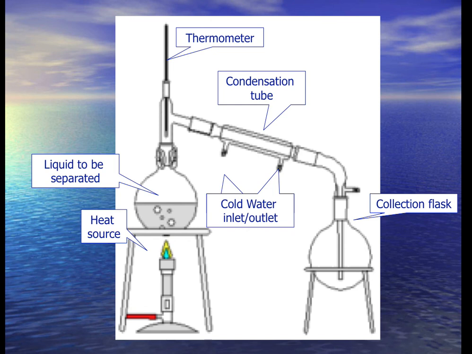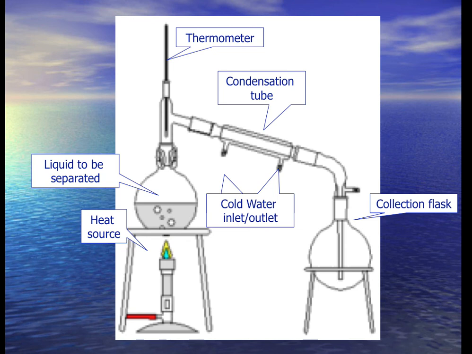So what happens is your liquid gets boiled. You have a certain temperature, so maybe we have a mixture of alcohol and water. Alcohol has a lower boiling point. So we heat it up to that temperature. The alcohol will evaporate and it goes up into the tube. And then you have your condensation tube, which is cold, and the alcohol will condense, make little droplets, and go in the tube.